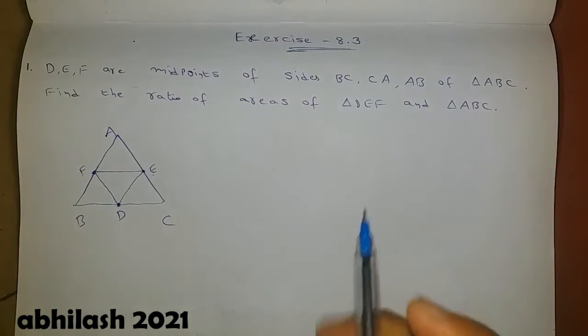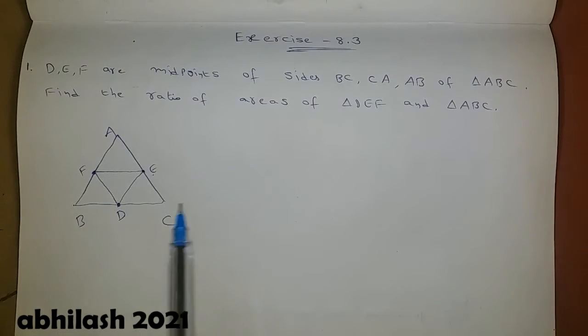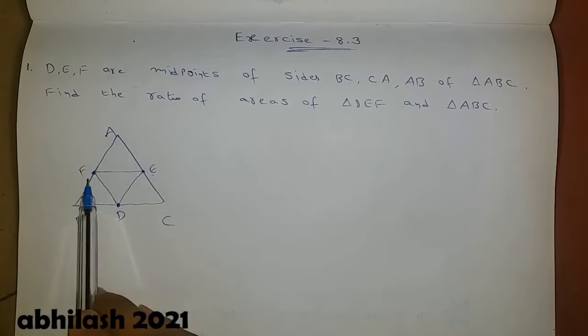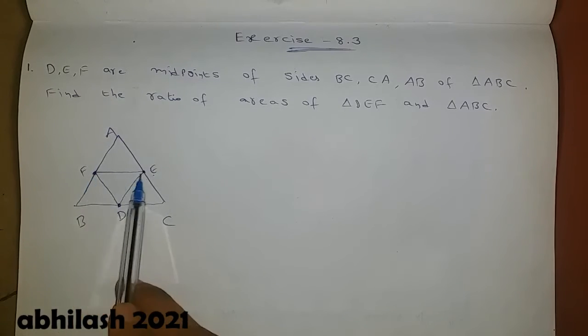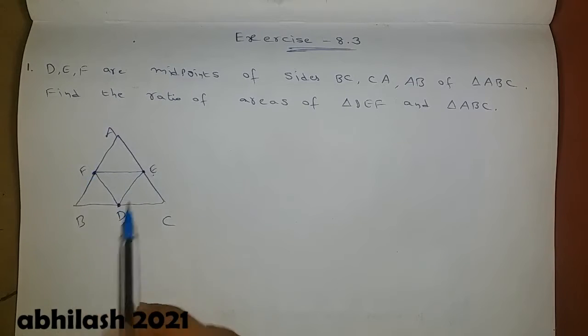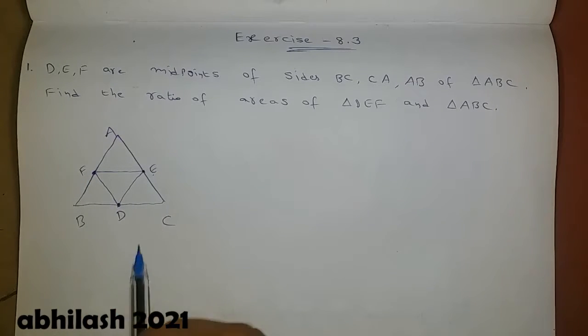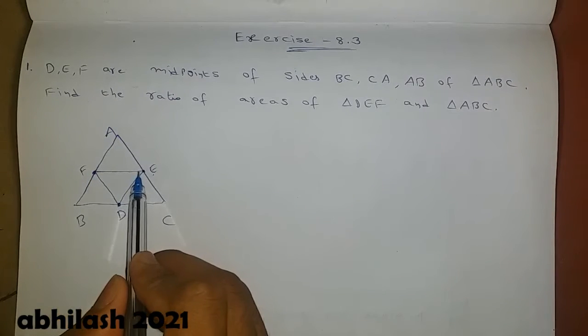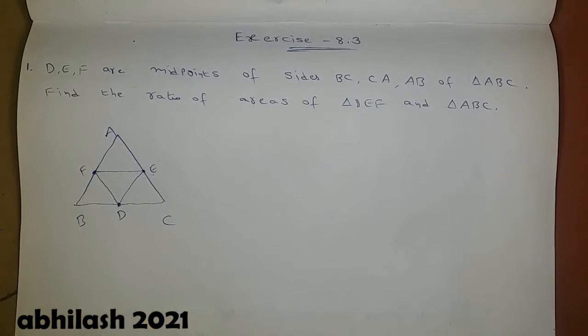First thing, we already know that if a line is joining two midpoints, then that line is parallel to the third side.